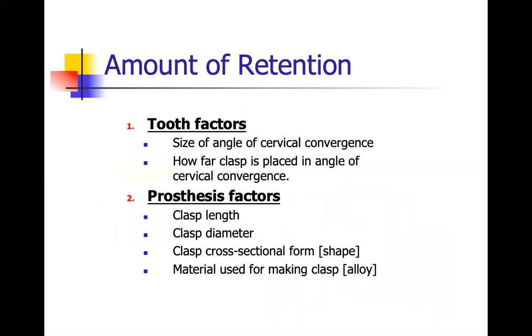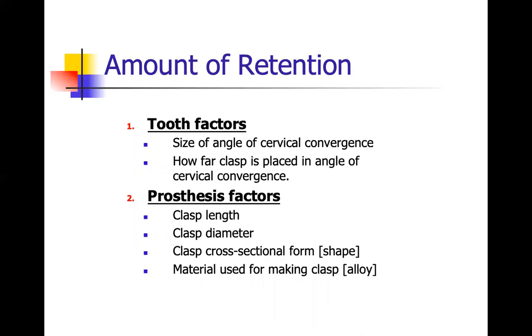The factors that affect retention are divided into two categories. They are tooth factors and prosthesis factors. Tooth factors include the size of the angle of cervical convergence and how far the clasp is placed in the angle of cervical convergence.